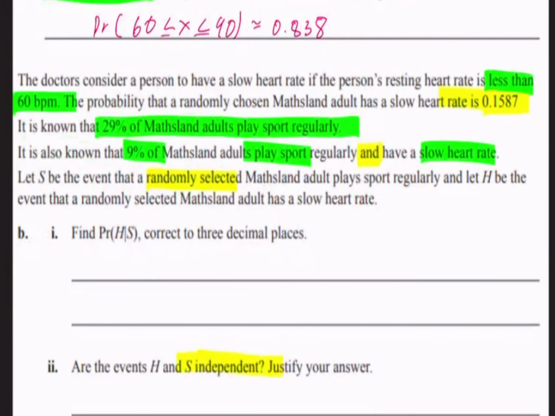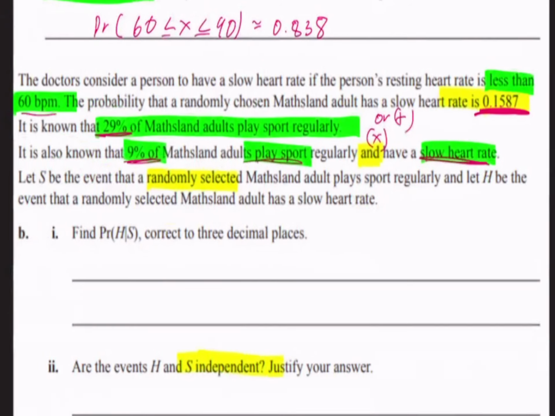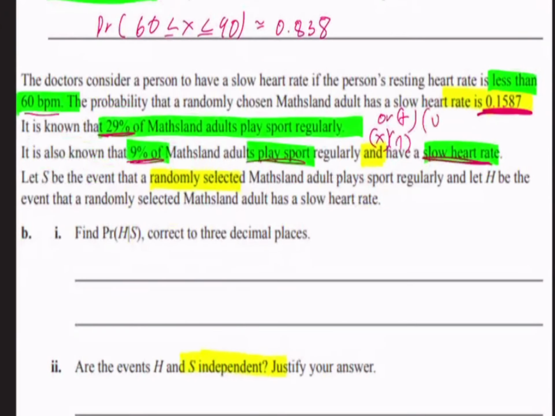So slow heart rate is when it's less than 60, and the probability that someone has a slow heart rate is this. And 29% of people play sport, and 9% play sport and slow heart rate. As opposed to the other question where we had or, which was plus, we have and. So this is multiplication or intersection, whereas that one was union. A randomly selected adult plays sport regularly. H is slow heart rate.